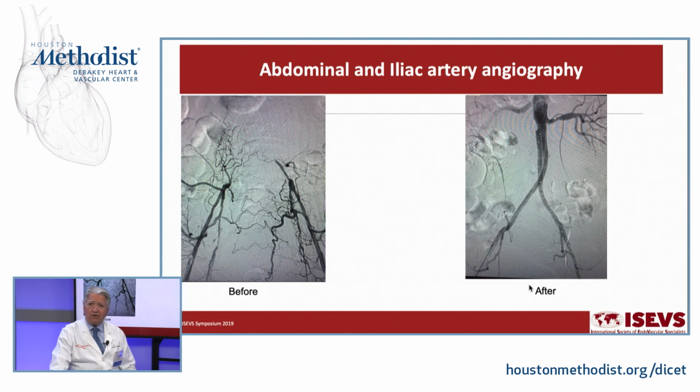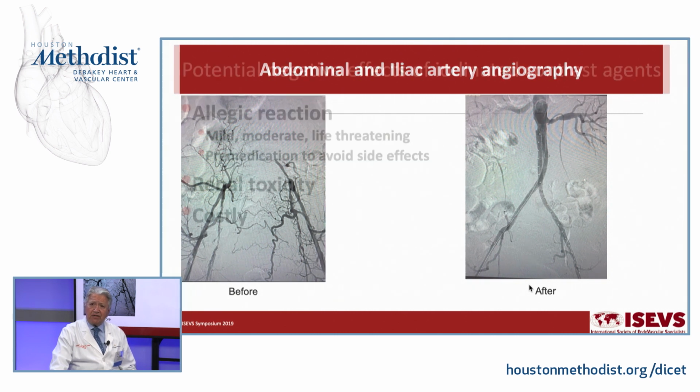Here is an image on the left side of an iliac angiogram in a patient with Leriche syndrome or CTO of the abdominal aorta with excellent imaging, as we can see, as well as collaterals and post-intervention imaging.